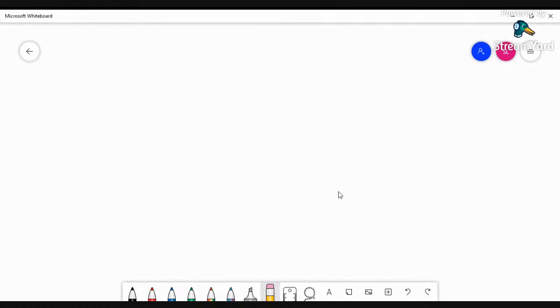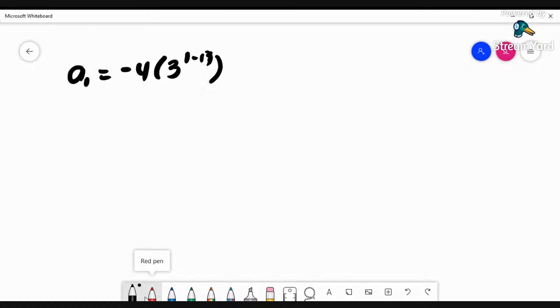Okay, so our a sub 1 equals negative 4 times 3 raised to 1 minus 1. Since 3 raised to 0 is equal to 1, we get negative 4 times 1, which is negative 4. That will be our a sub 1.